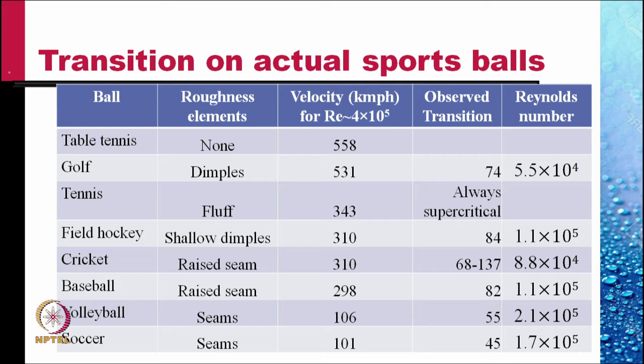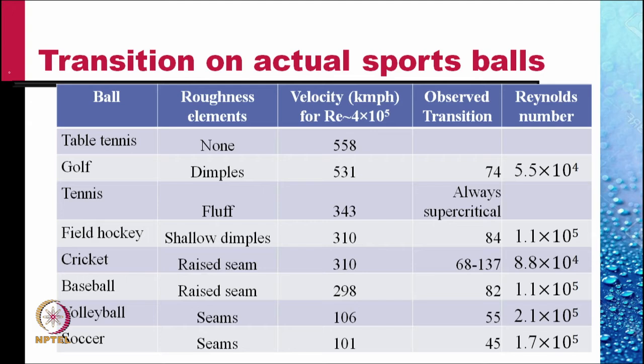On a golf ball, the velocity reduces from a very high value to a value of only 74 kilometers per hour, well within the range of good golf shots. In tennis, the boundary layer is always supercritical, and that, I believe, is largely because of the fluff on the tennis ball.